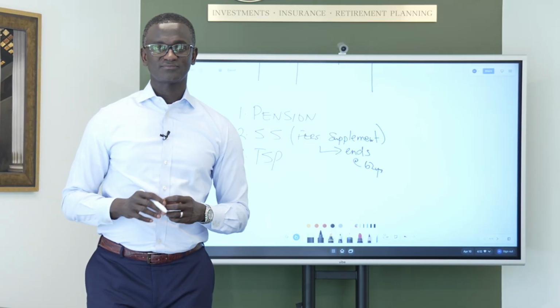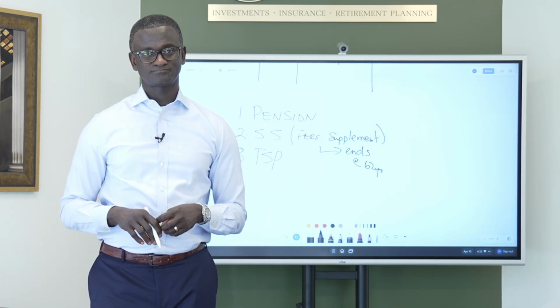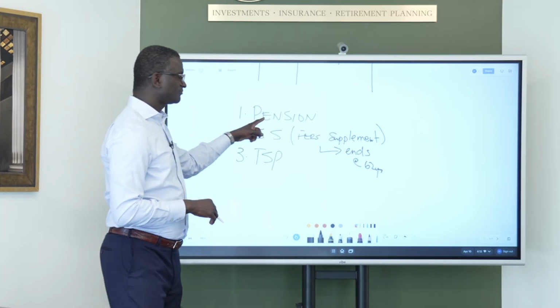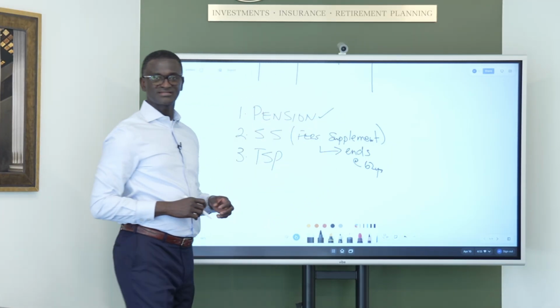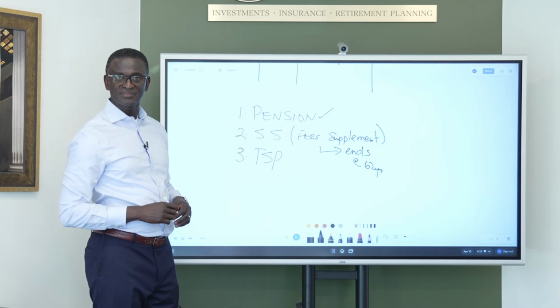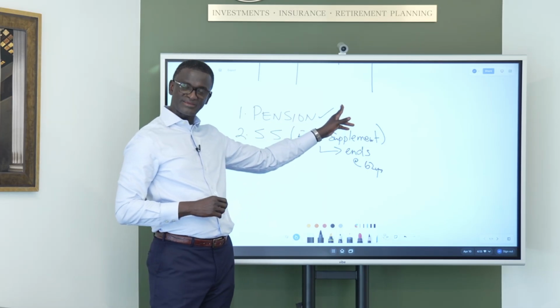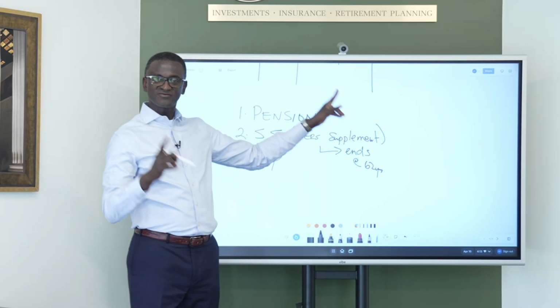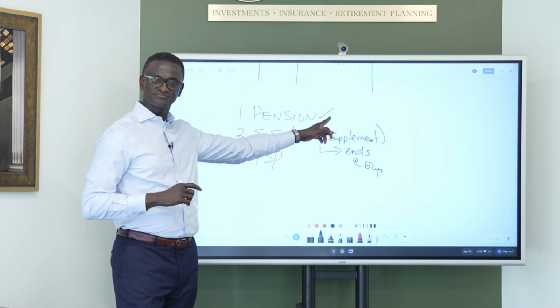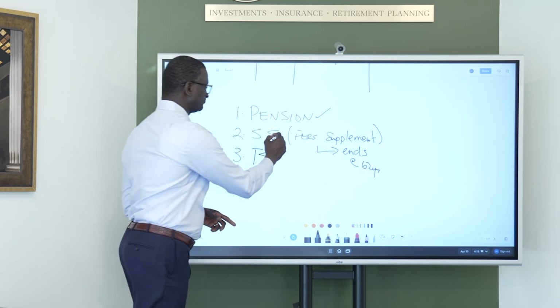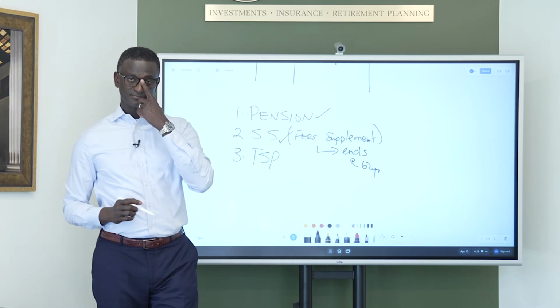Now, this is the problem. Is your pension taxed? Absolutely. At the federal level, you have to pay tax. At the state level, if you live in a state that charges state income tax, then you're going to have to pay tax on that. Do you pay tax on your Social Security?